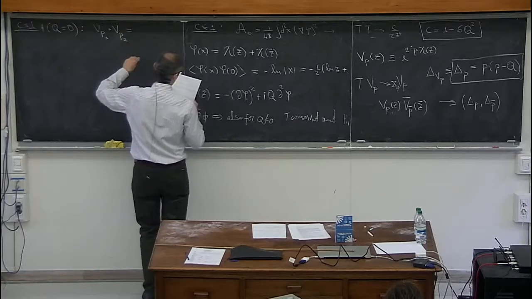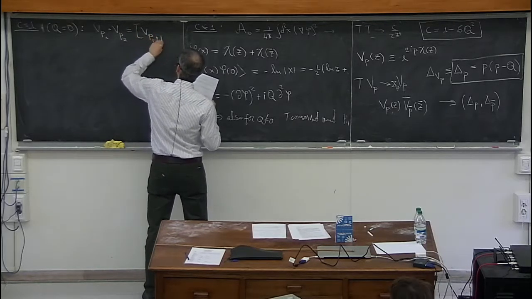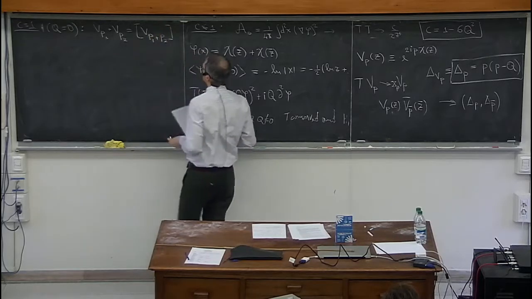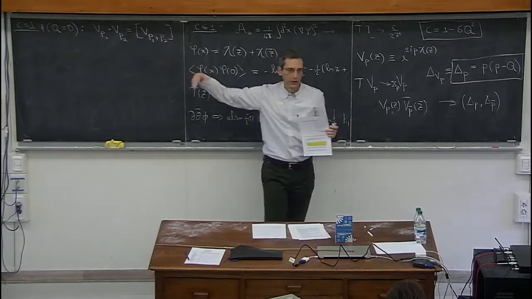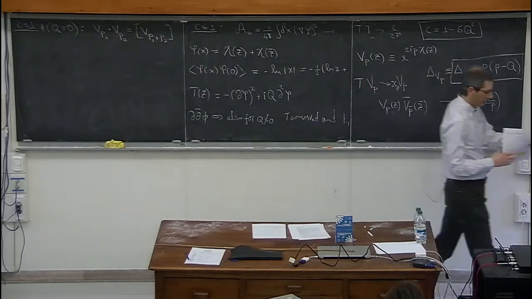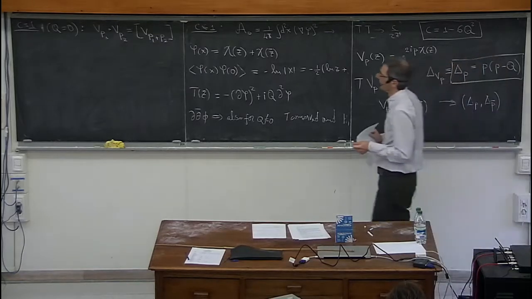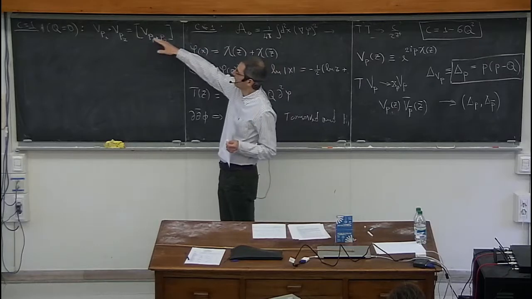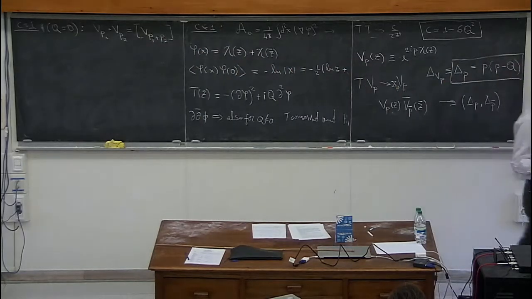The OPE takes this form. From now on, I write the OPEs without all the coordinates because we know what they are. So we just need to know which fields are produced on the right-hand side. And through this notation, I mean that I will generate the primary and also its descendants in general.